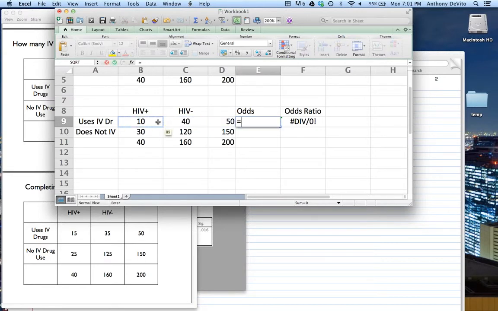That's equal to 10 out of 40. So your odds of being HIV positive are 1 to 4. So for every one person that's HIV positive, there are 4 people that are HIV negative in this group.